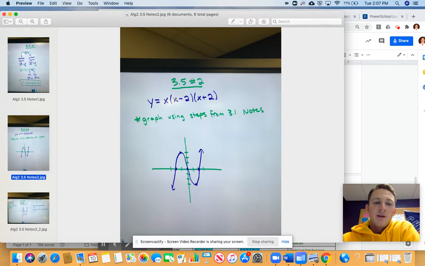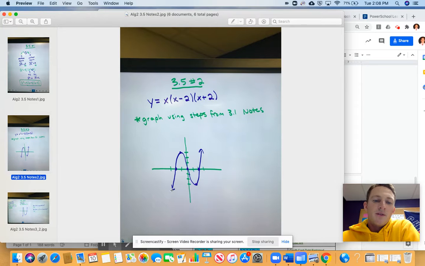Just looking at this equation, we have x-intercepts at 0, 2, and negative 2, because 0 makes this term 0, 2 makes this term 0, and negative 2 plus 2 would make this 0. So I know I have intercepts right here. And then also we have a y-intercept at 0.